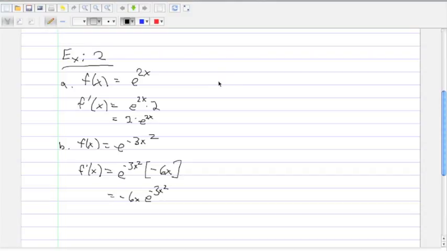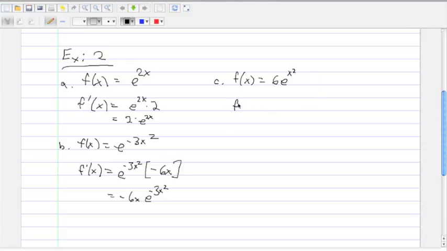So then for part C, we have f of x is equal to 6e to the x squared, 6 times e to the x squared.